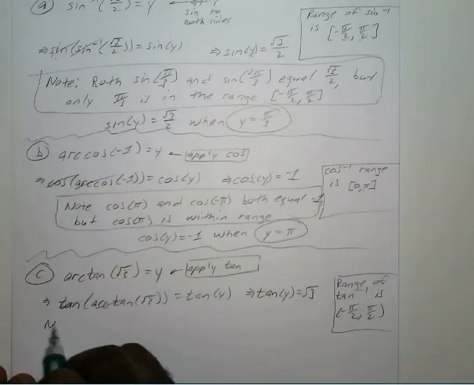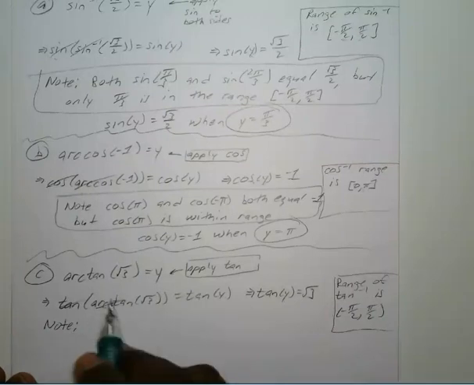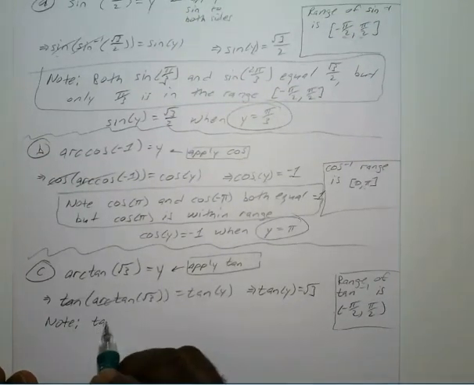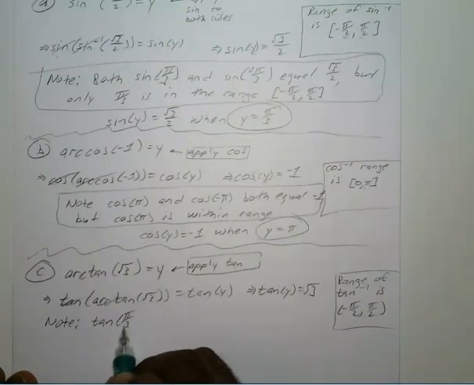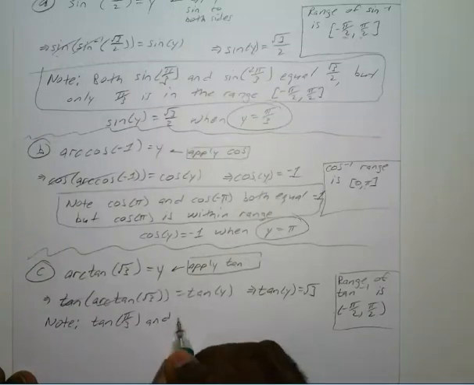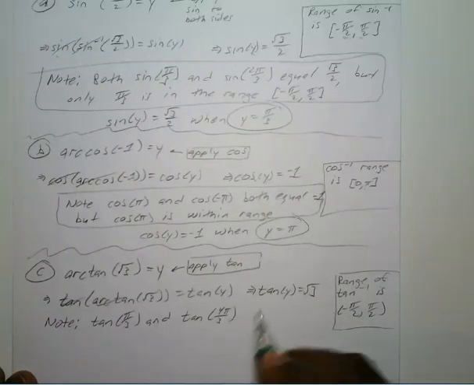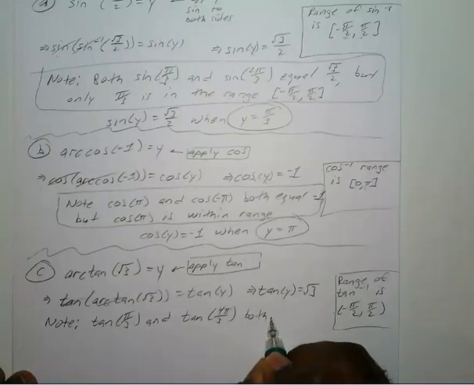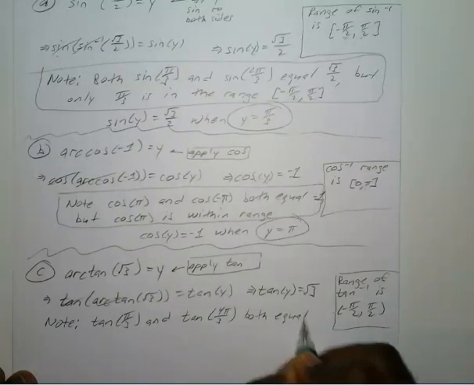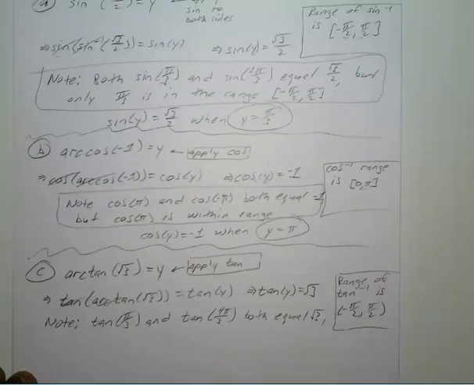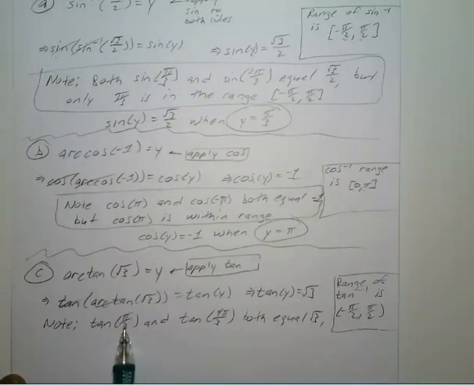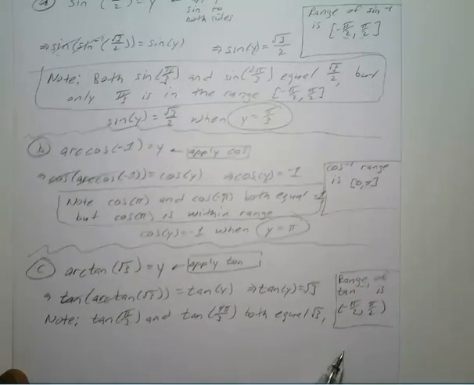Now again, we're going to note that tangent pi over 3 and tangent 4 pi over 3 both equal square root of 3, but only pi over 3 is within that range.